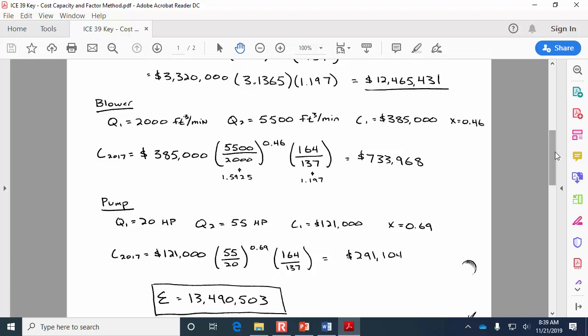This is a very, very different estimate than if we had just assumed a linear relationship between size and price. If we didn't have this data that told us about the correlating exponent, and if we didn't account for the change in prices over time, think about a construction company that's putting a bid together and doesn't know to correct for those two things.